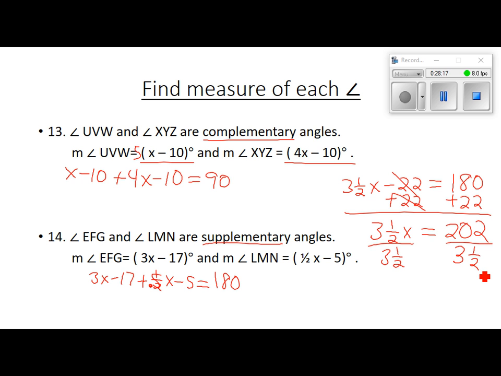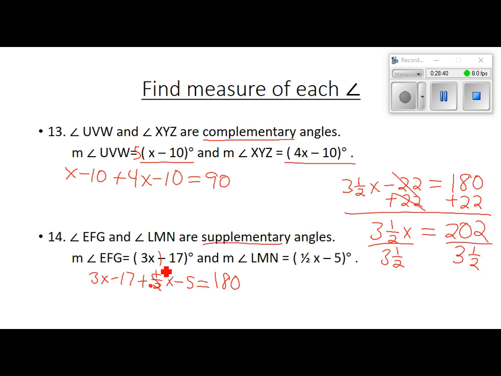I thought it came out even. That plus that's 3.5. Negative 22, you add 22 to both sides. Oh, I know what you did. What did I do wrong? It's supposed to be plus 17 on there. Oh, my whole problem was wrong, wasn't it?